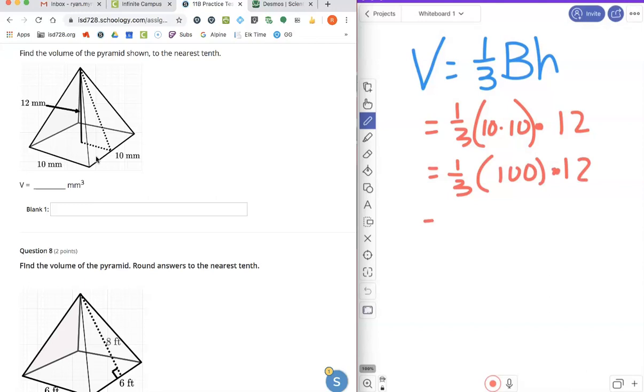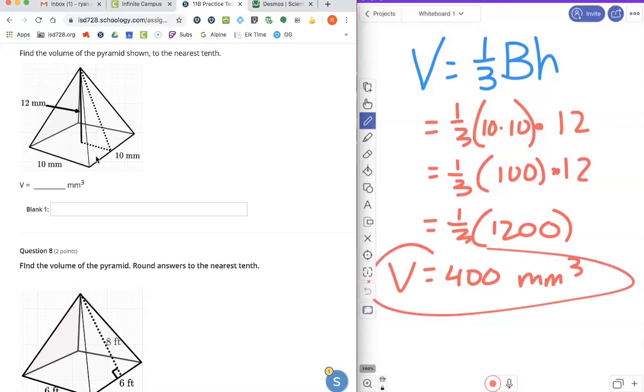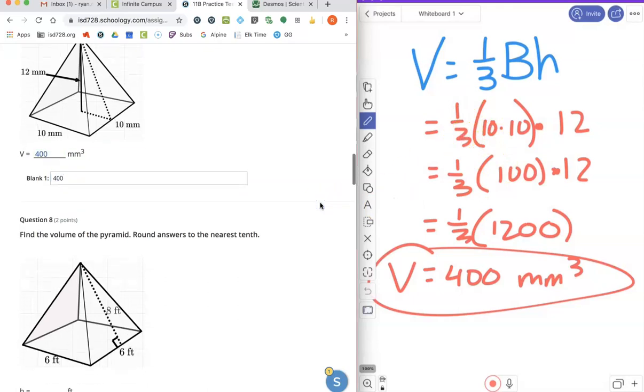All right, or 1/3 of 1200. All right, 1/3 of 1200 is 400. So 400 cubic millimeters would be our volume. Okay, that's if they give you the correct height. Remember the 1/3. People forget the 1/3 all the time.